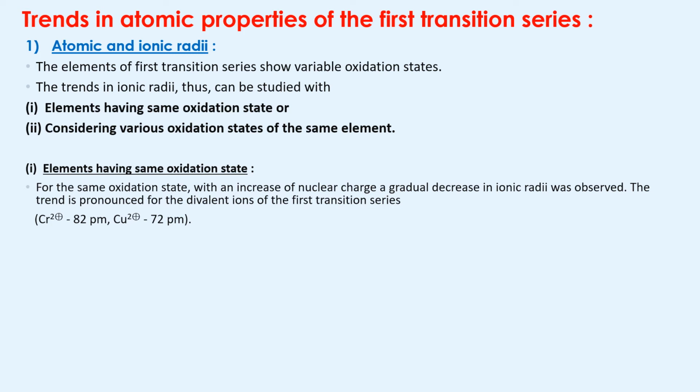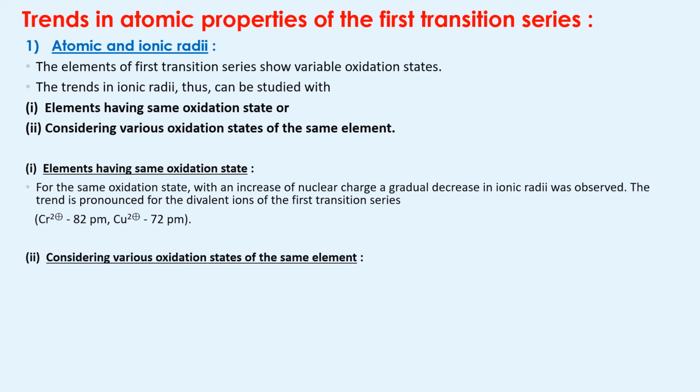So chromium and copper are taken in the same oxidation state, that is +2. Chromium has an ionic radii of 82 picometer, but copper in +2 oxidation state has an ionic radii of 72 picometer. This is our first consideration, in which we take two different elements but in the same oxidation state.